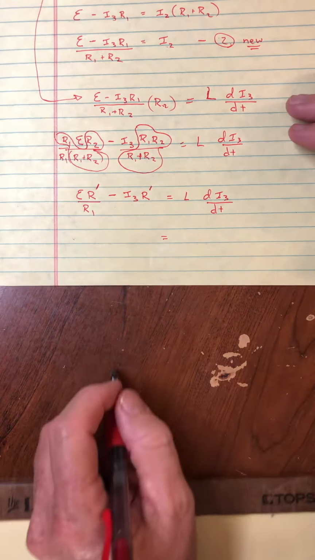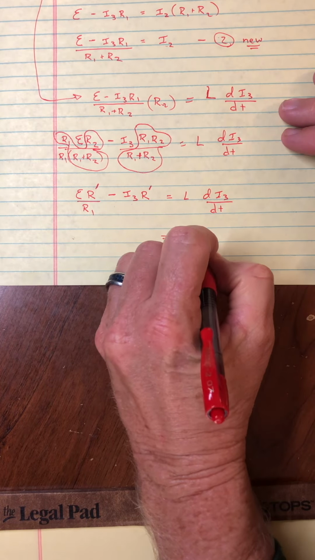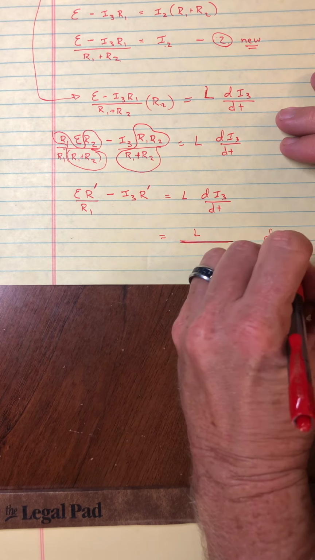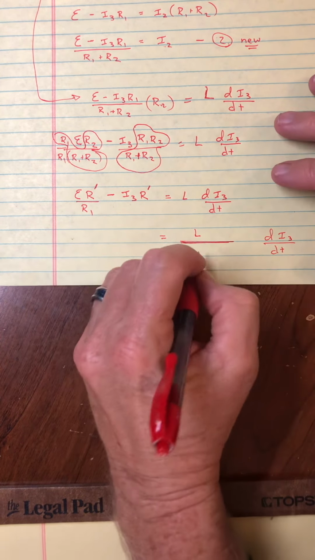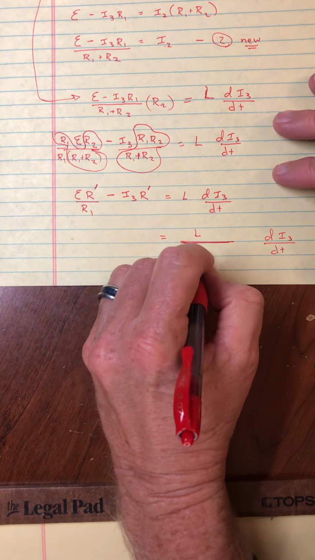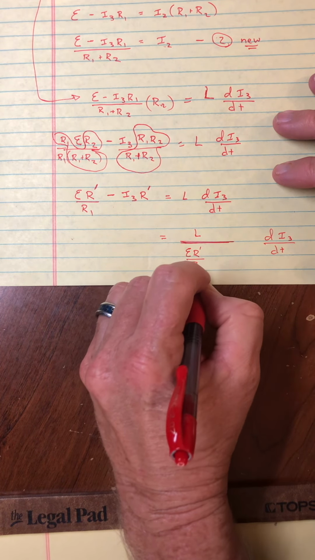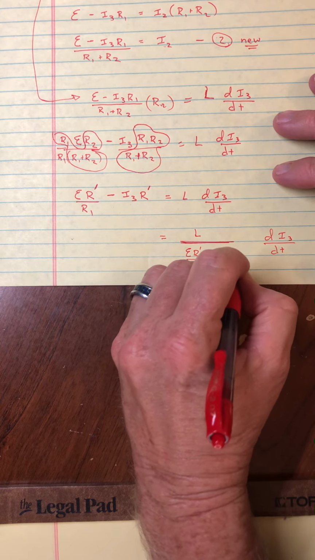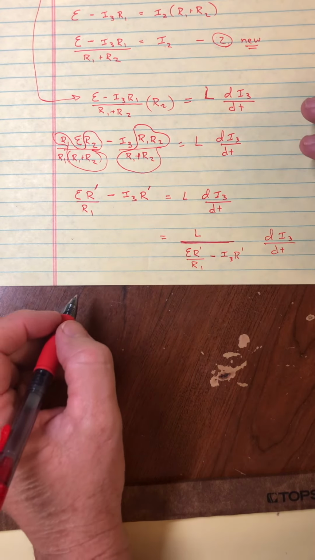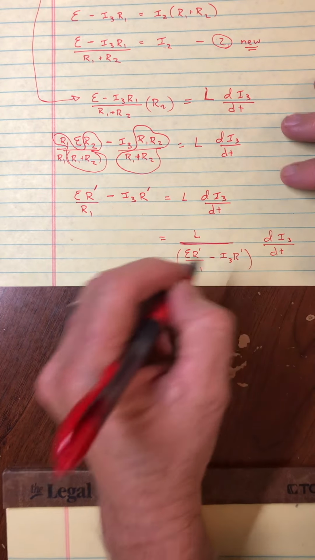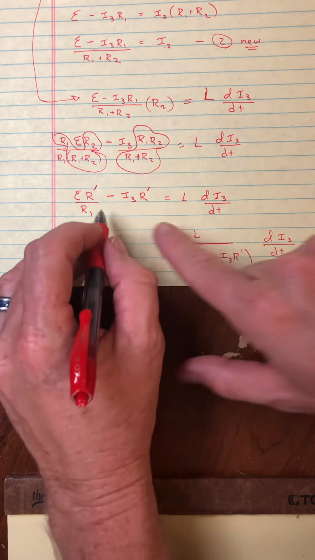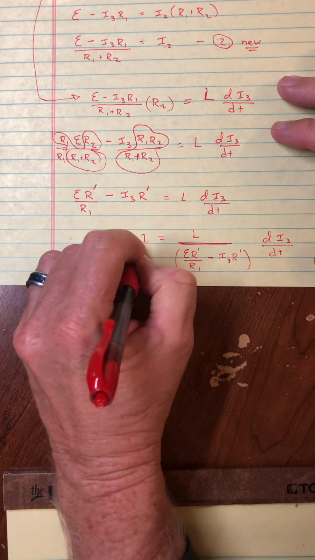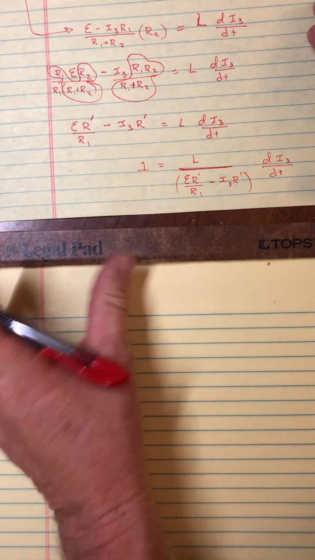Why don't I divide both sides by E R prime over R1 minus I R prime, because when I do that same division on this side of the equation, we're left with just the number 1.